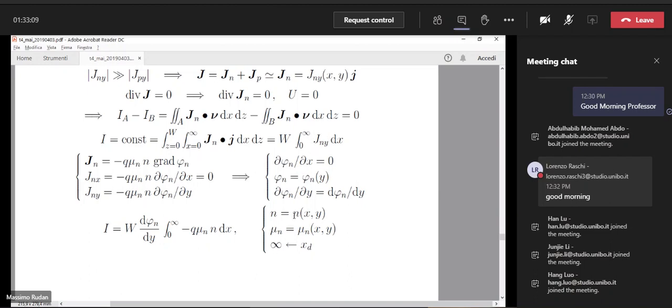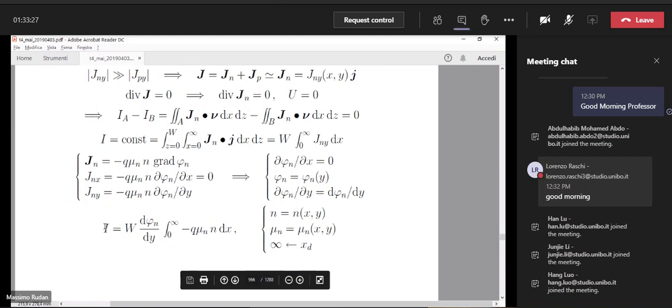And since the factor d phi n over dy does not depend on x, because phi n does not depend on x, we can extract this factor from the integral.